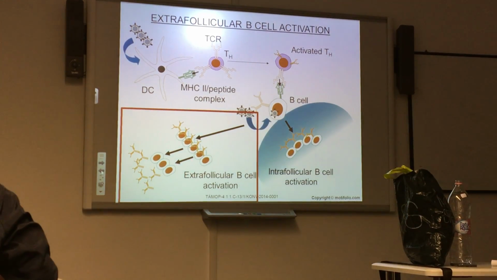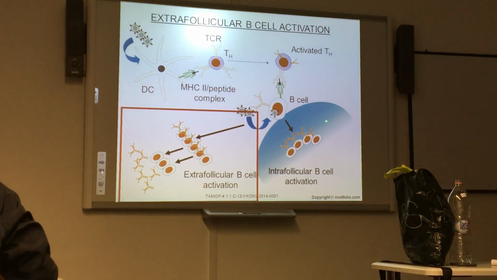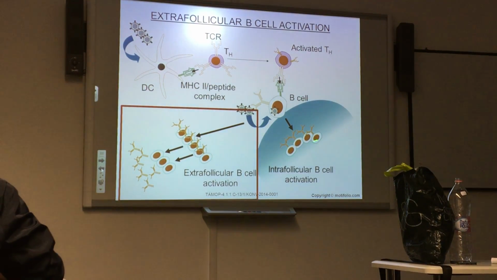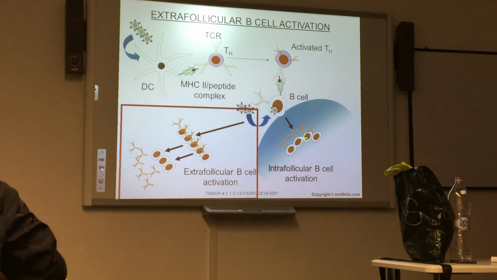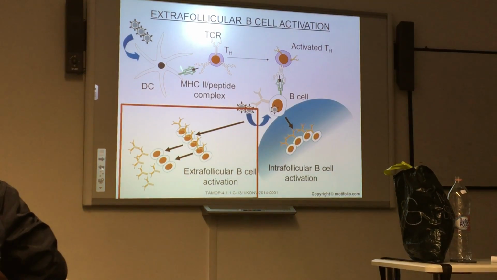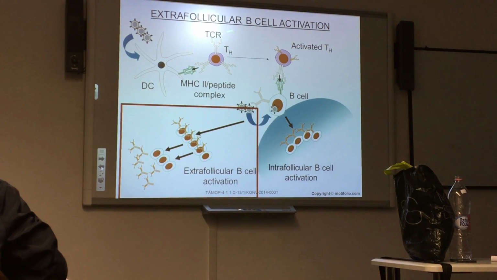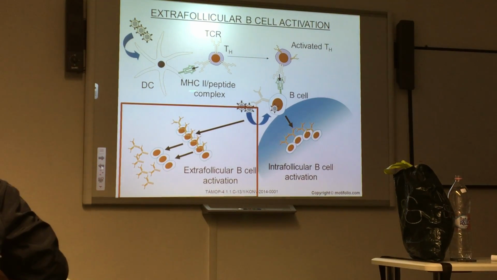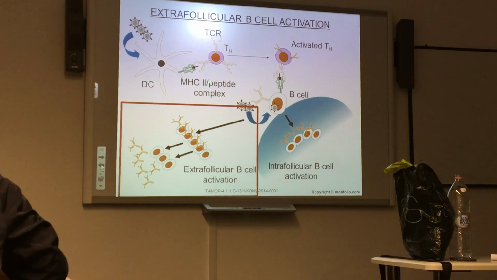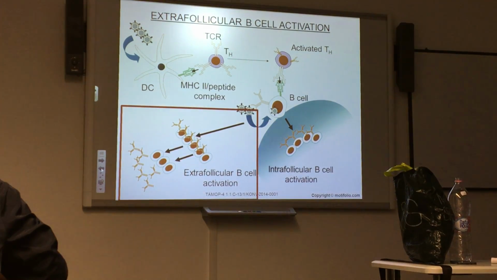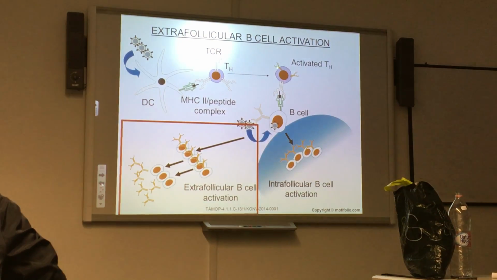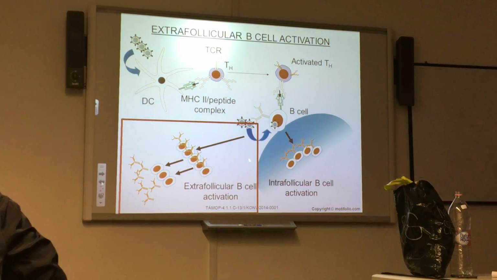Okay, so first the B cells are activated through the immune complex localized on the surface of FDCs. T cells are activated through the TCR and through the MHC2 peptide complex on the surface of B cells, and they meet on the edge of the follicle.